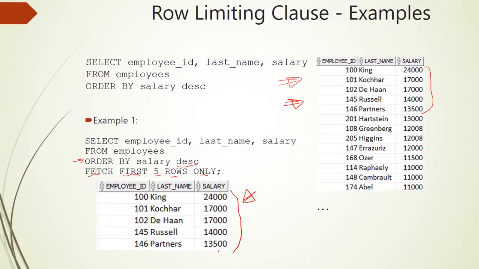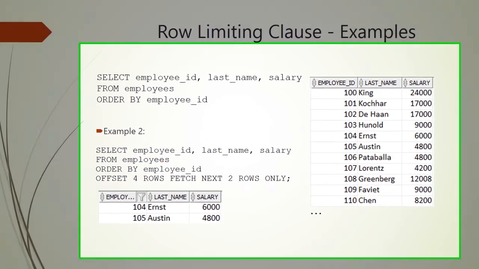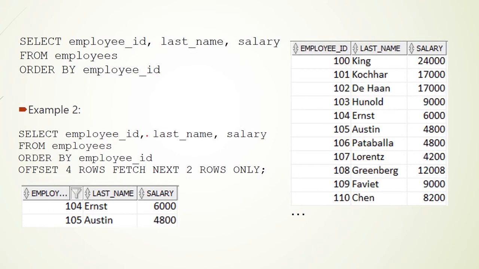In the second example, select employee ID, last name, salary from table employees order by employee ID, offset 4 rows, fetch next 2 rows only. That means skip 4 rows and retain the next 2 rows.